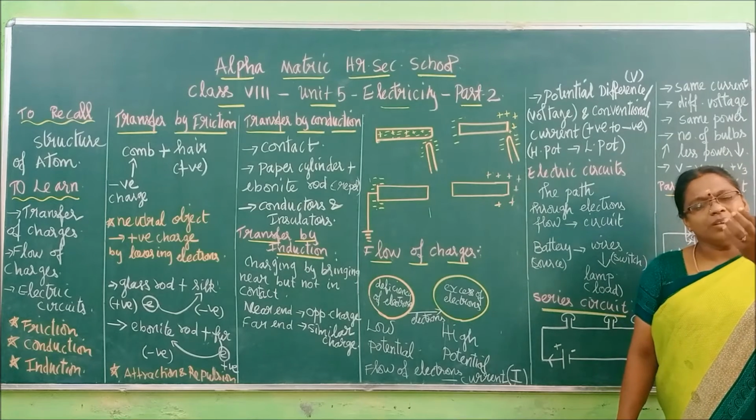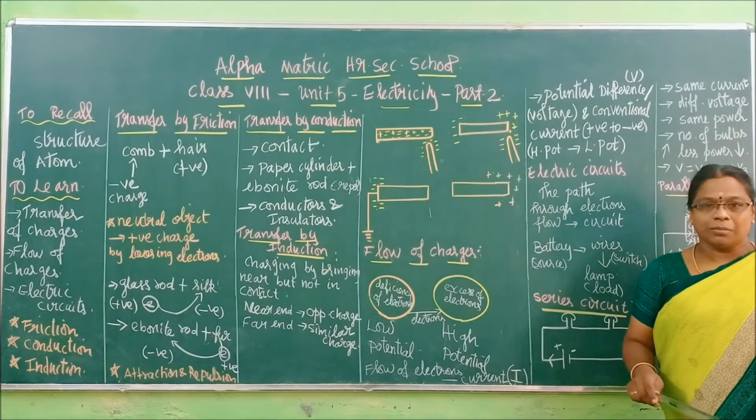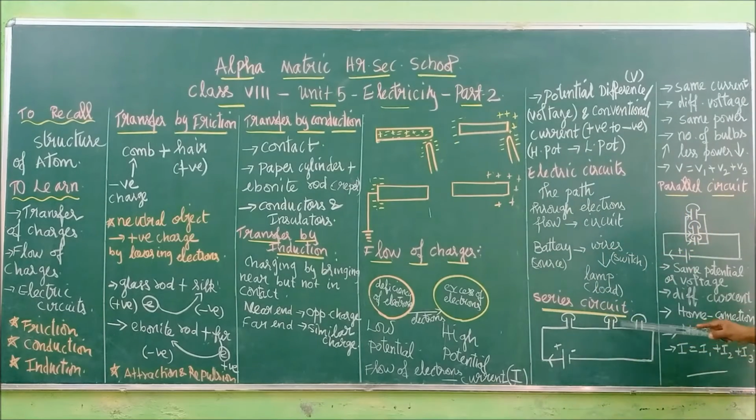With two bulbs, dimmer. With three bulbs, still dimmer. Current will remain the same in a series circuit, but the voltage will be shared among all the bulbs, so it goes dimmer and dimmer. So what is the equation for a series circuit? Total voltage V is equal to the sum of the voltages of the individual bulbs.